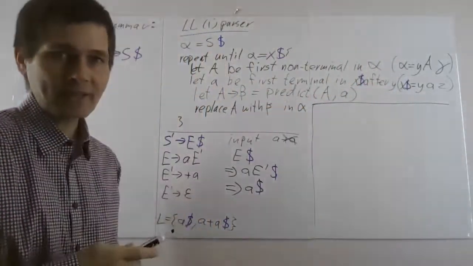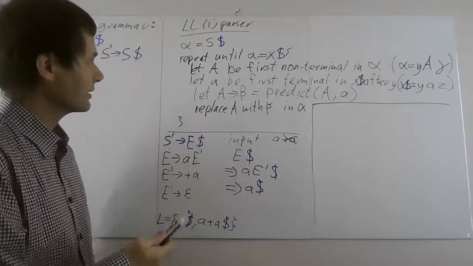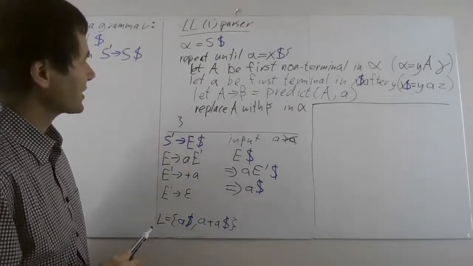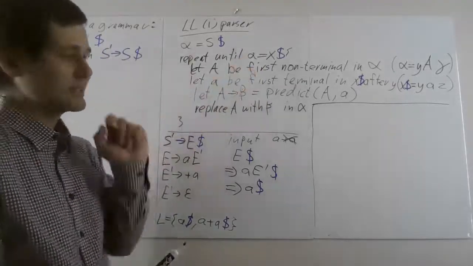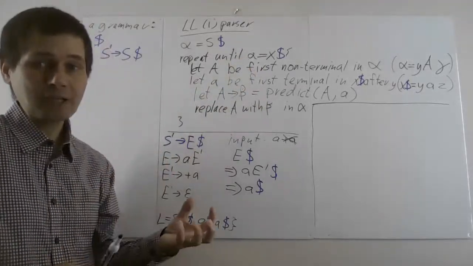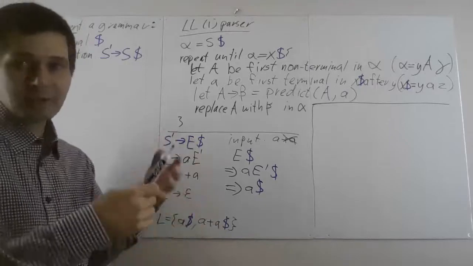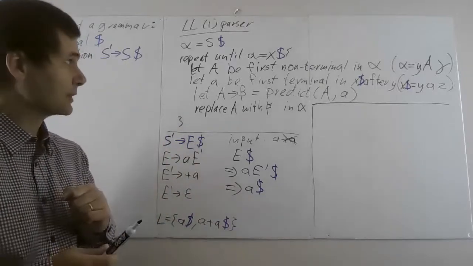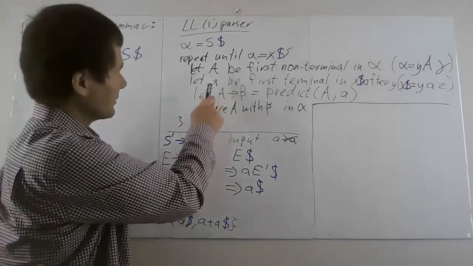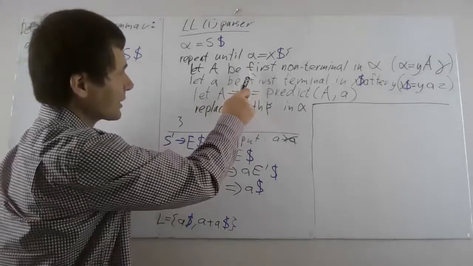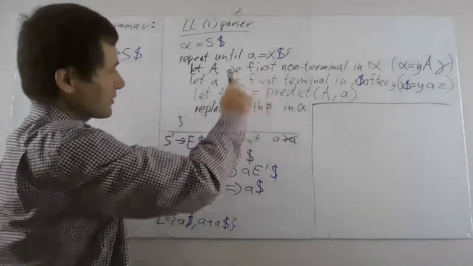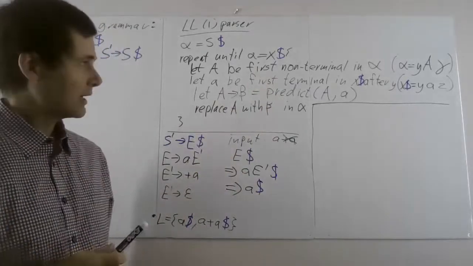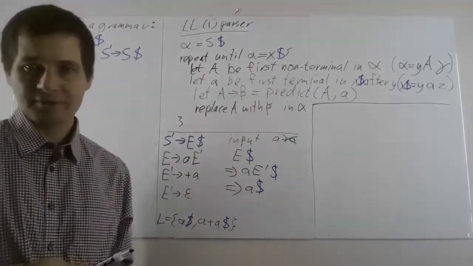One thing that's still a little bit underspecified in the algorithm is this alpha. You have this sequence alpha, a sequence of terminal and non-terminal symbols, and you're always looking for the first non-terminal in it, and then you're searching through the input to find the first terminal there, after a certain prefix.